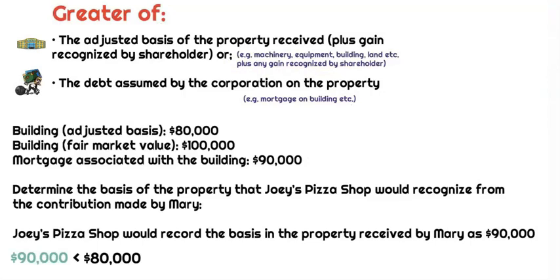Okay, so what do we remember? It's going to be the greater of the net book value plus any gains recognized by the shareholder. None of that's going to matter right now. Or debt assumed. Okay, so what's the adjusted basis? $80,000. Mortgage associated with the building, aka the debt assumed, is going to be $90,000, right? So therefore, the basis to the property received for Joey's Pizza Shop is going to be the $90,000, right? 90 is greater than 80.